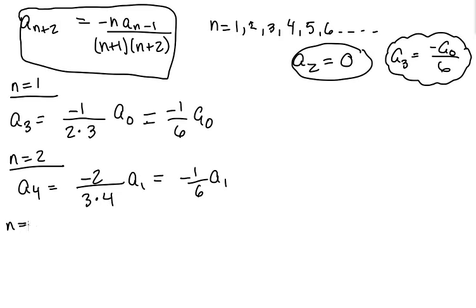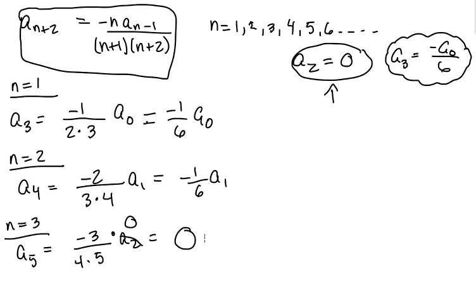Okay, n equals 3. This is a sub 5 equals, which this just equals 0 because a sub 2, remember, from before we said it's 0. So this is basically times 0, which gives us 0.